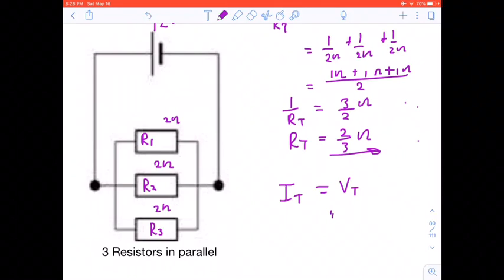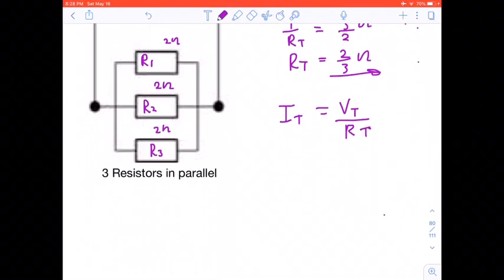It's supplying this voltage, and we have R total, which means in this case it's still 12 volts divided by 2 upon 3 ohms, which then gives us 12, which becomes times 3 upon 2, right?